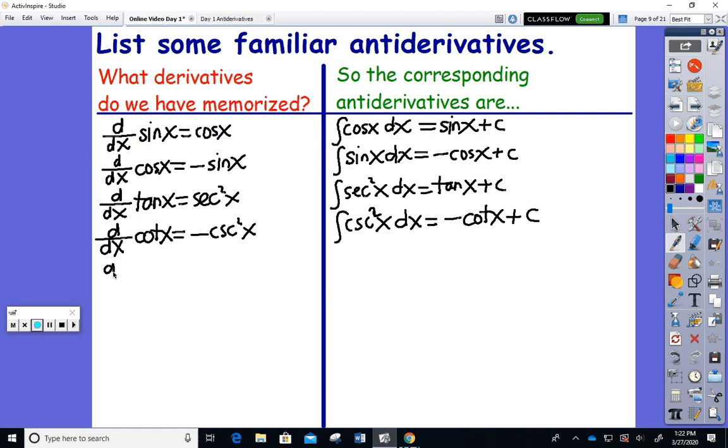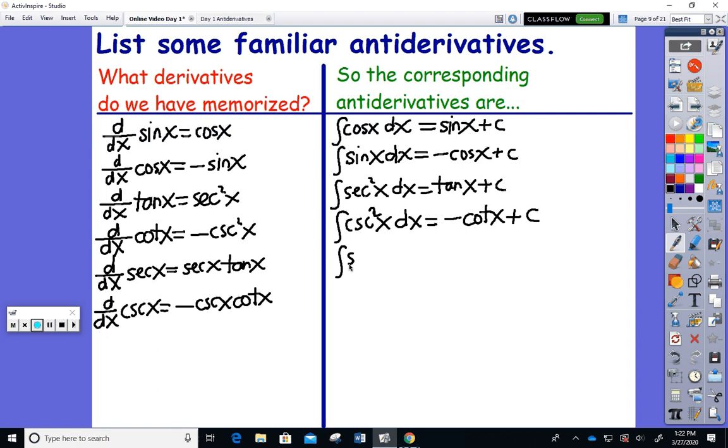I know the derivative of secant x is secant x tangent x. Similarly, remember that the derivative of cosecant x is negative cosecant x cotangent x. So then I can really quickly produce 2 antiderivatives.